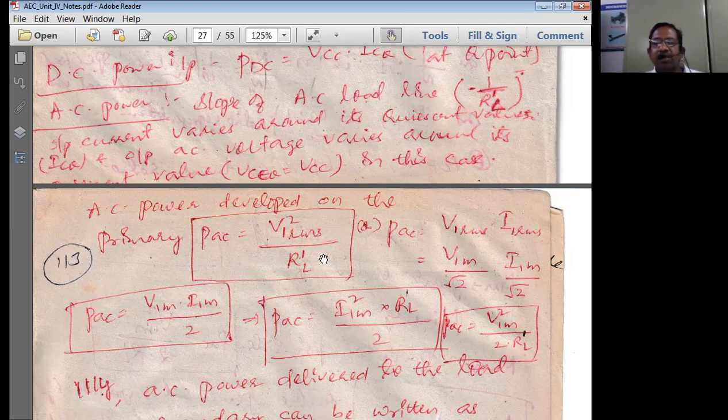That means you have to provide the graphical representation of the output characteristics. It exhibits the performance, the working of the power amplifier circuit. So these two indicate the operation of the power amplifier circuit.